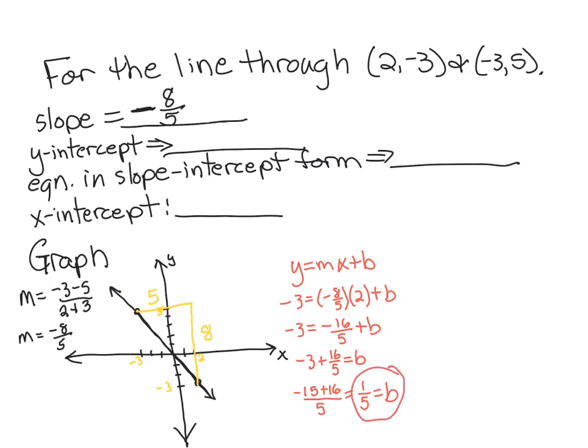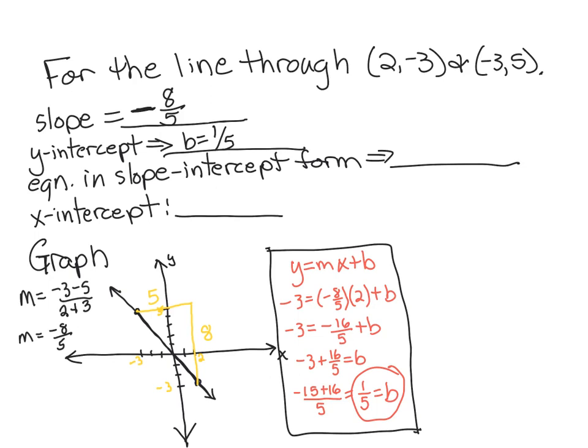So if you use the point slope form, you get the equation of the line. If you use the slope intercept form, you get the intercept. So you can do whichever thing that you want to do. B equals 1/5. That looks good on my graph, right?